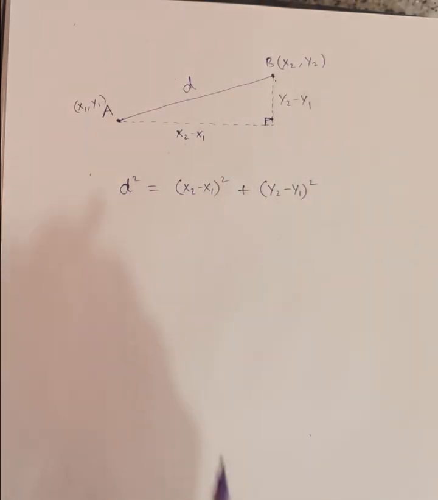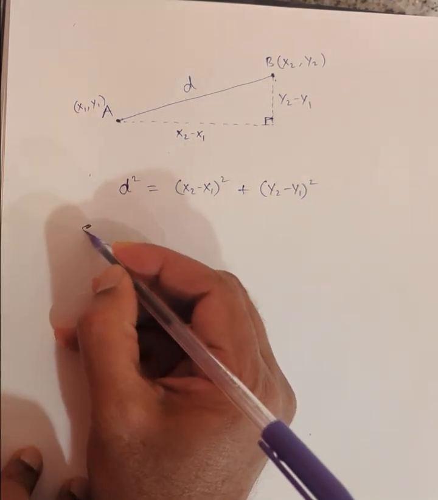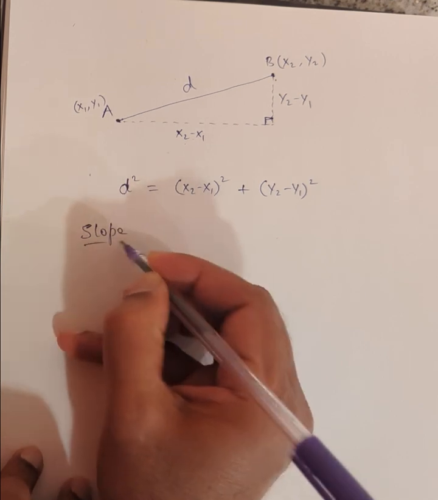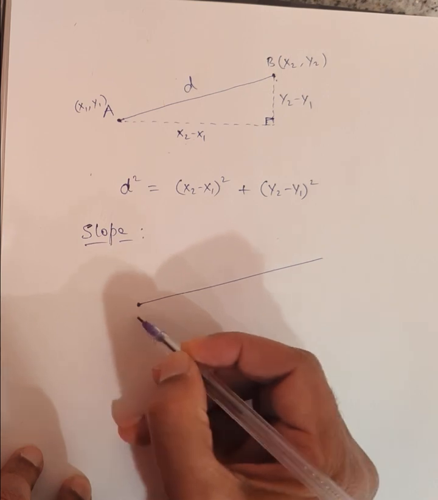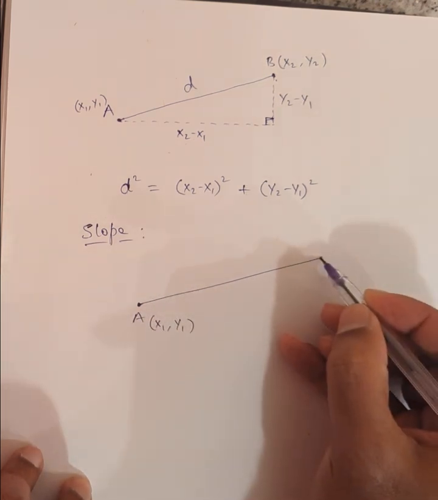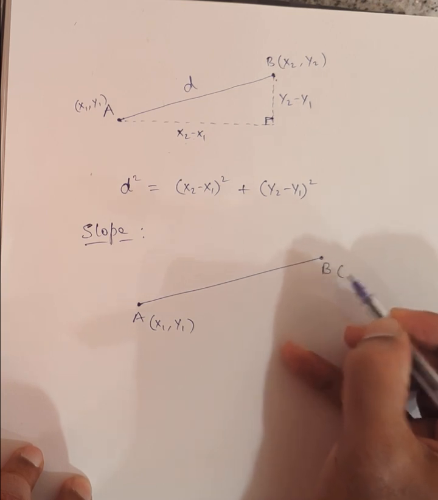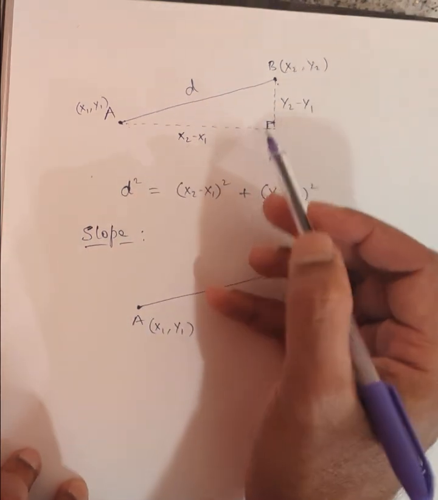Just take the square root. Now the other thing you could do, which I have not written in the title, is talk about the slope. The slope of a line segment whose endpoints are x1, y1 and x2, y2. And actually you can use this picture.